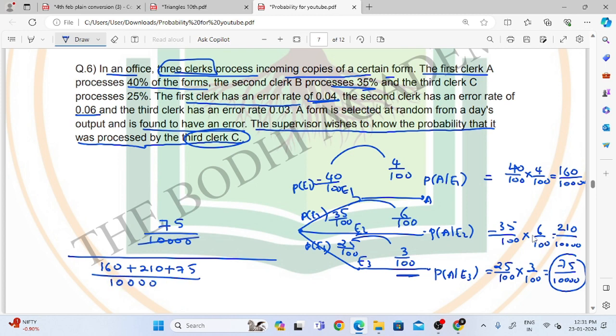So this 10,000 will get cancelled. In the numerator you will get 75, in the denominator 160 plus 210 plus 75, that is 455. Cancel out by 5, and you will get your final answer. So this is the calculation using the arrow diagram. The third clerk means that we have to find P of E3 given A.